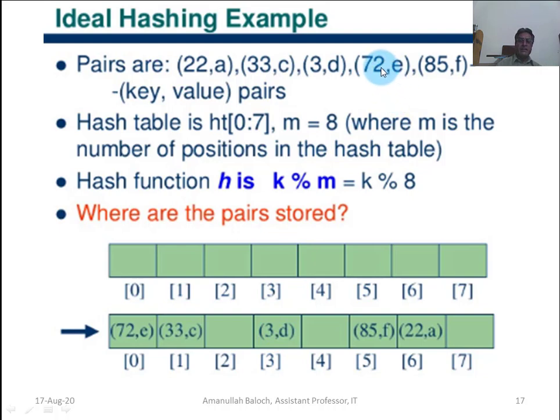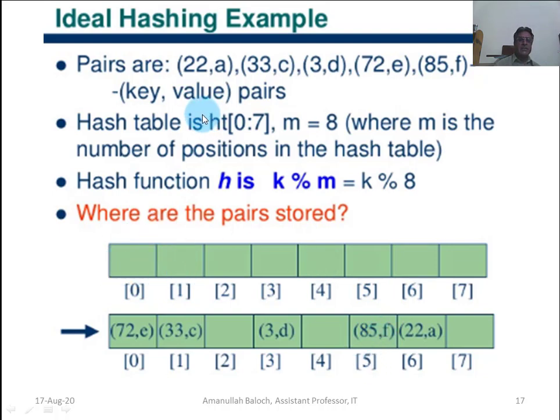And similarly this one, 8 nines are 72, the remainder is 0. Similarly 72 comma E, this record will be stored at location 0. And 85 comma 5: 10 eights are 80 and remainder is 5, so this will be stored at location number 5. 85 comma 5 has been stored at location 5.